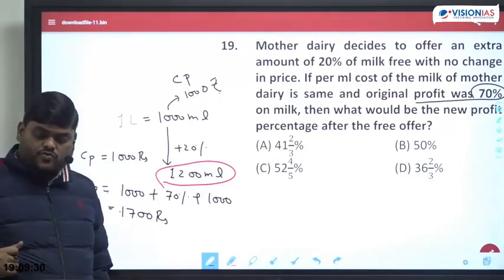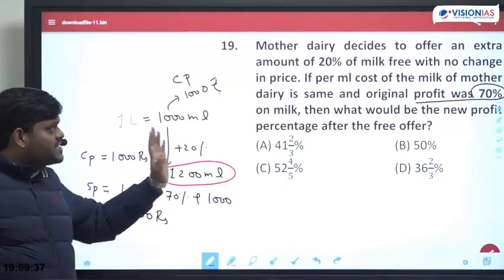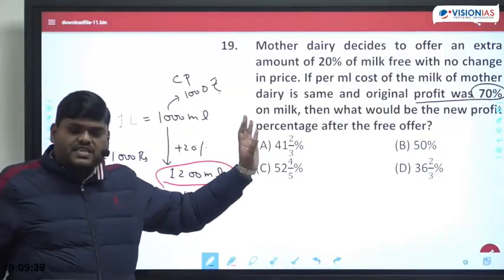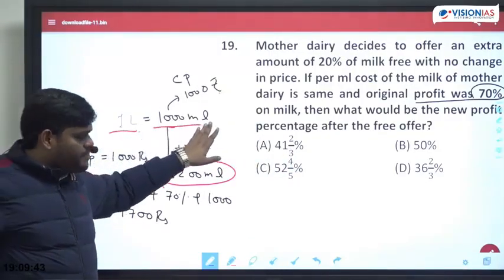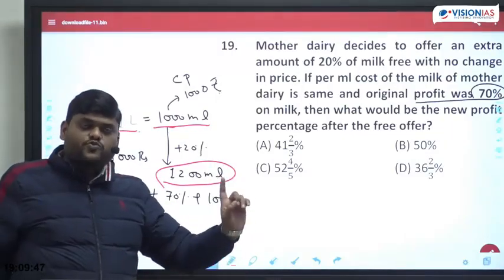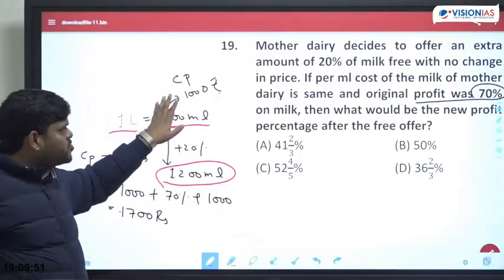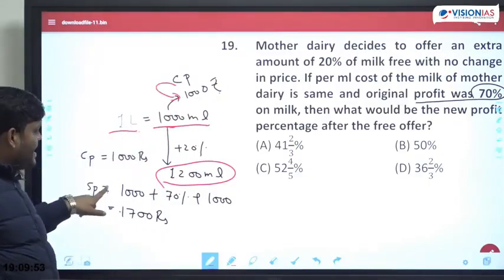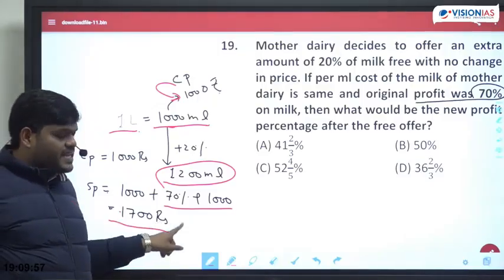To recap, I have taken 1 liter of milk, that is 1000 ml, with 1 ml costing 1 rupee, so the cost price was 1000 rupees. With a 70% profit, the selling price was 1700 rupees.